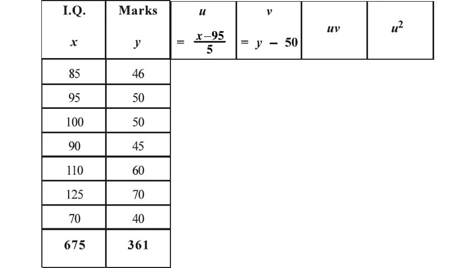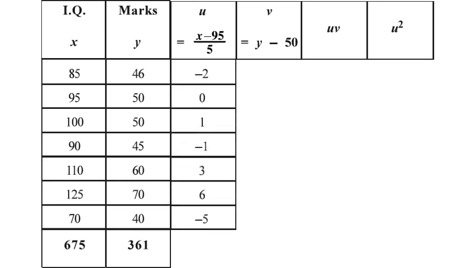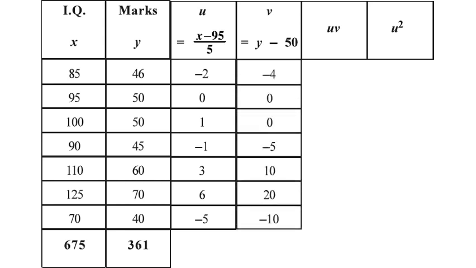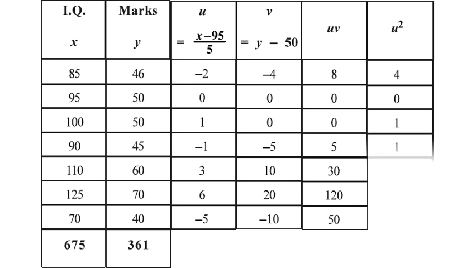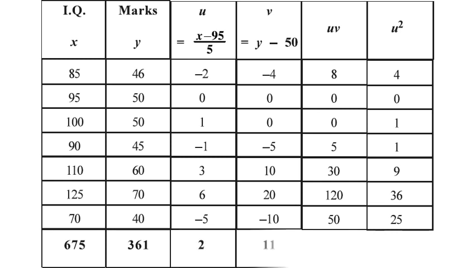Now u is x minus 95 upon 5, so deduct 95 and divide with 5 for each and every observation of x. Then for each and every observation of y, just deduct 50. And once you are done with that, multiply both the columns and then make a square of the u column. These are the standard procedures we have been following since the correlation chapter, nothing new in that. Make a total.